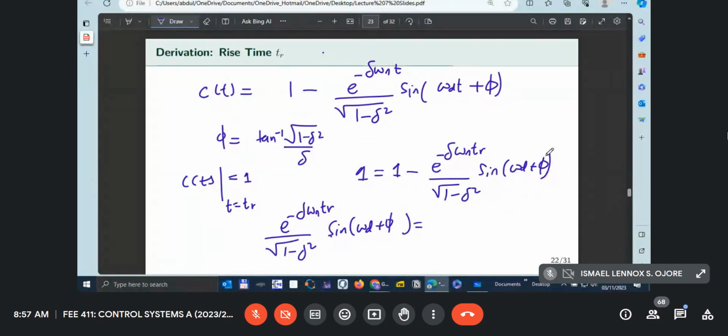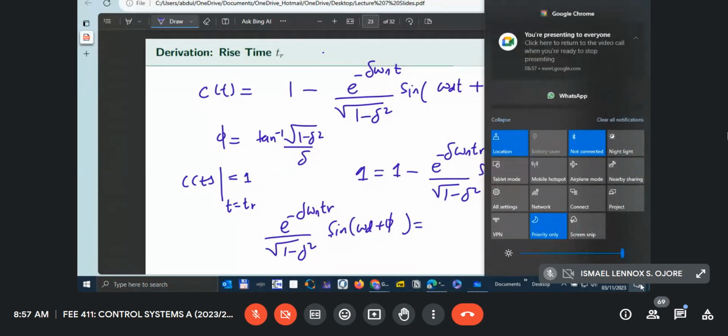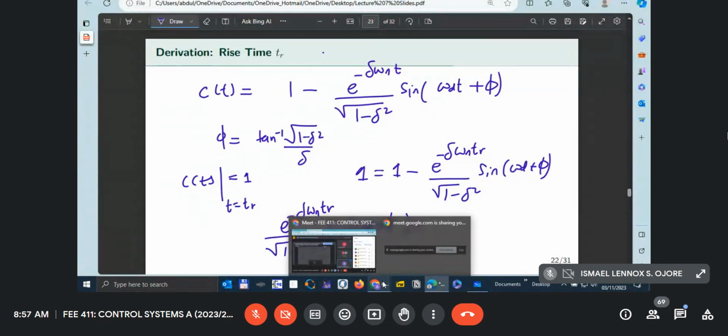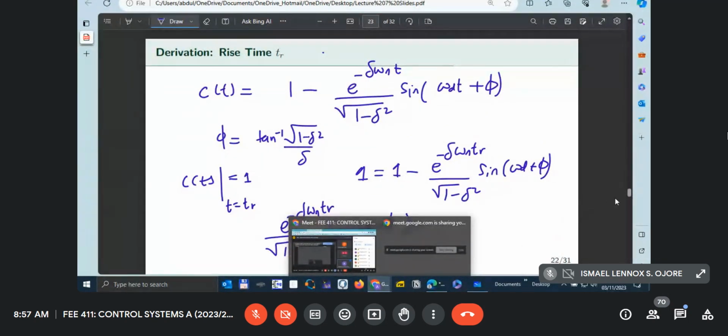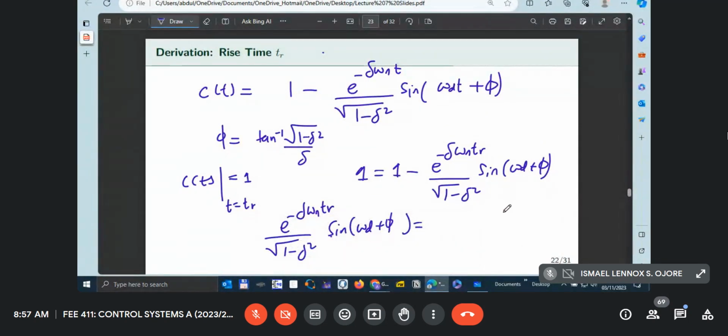So this one will be equal to what from here? It will be equal to 0, and this factor will disappear, because if we multiply this one here and on this side, it will be 0.